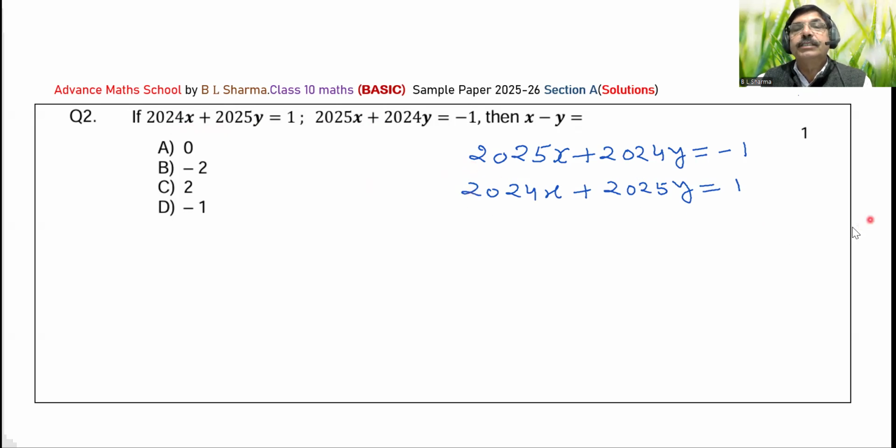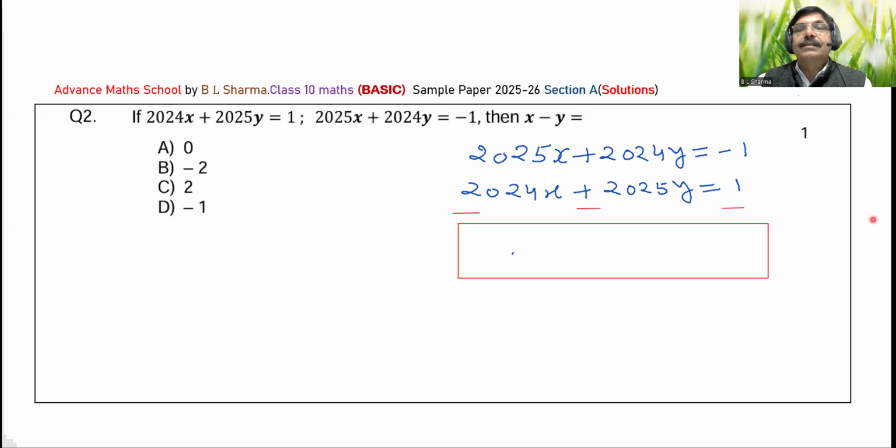For that, we have to change the sign of each term of the first equation. Subtracting, we get plus x, minus y, and on the right side -1 minus 1, that is -2.